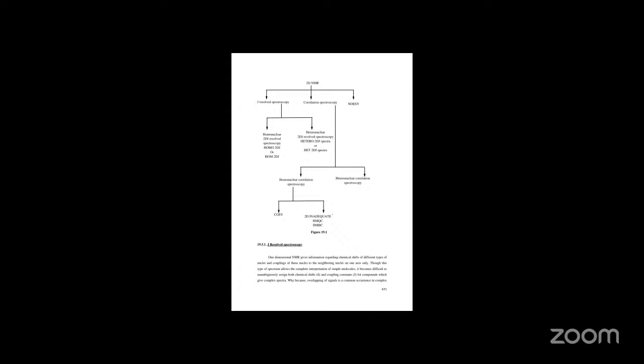But it becomes difficult to unambiguously assign both chemical shift and coupling constant for compounds which give complex spectra. Why? Because of the overlapping of signals, a common occurrence in complex spectra. Here the 2D J resolved spectrum solves this problem.